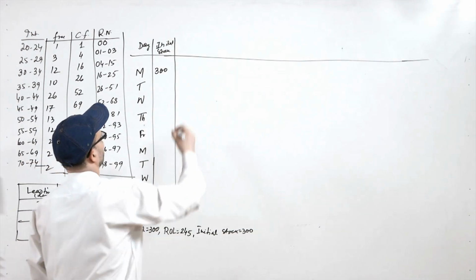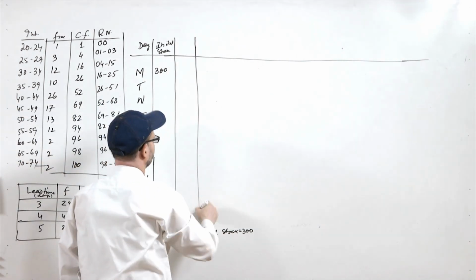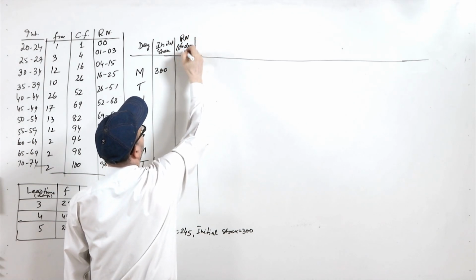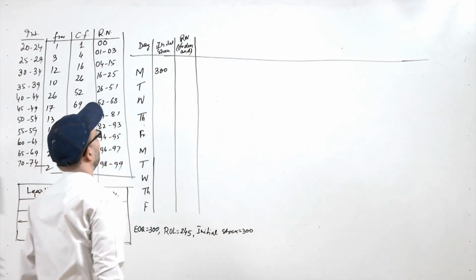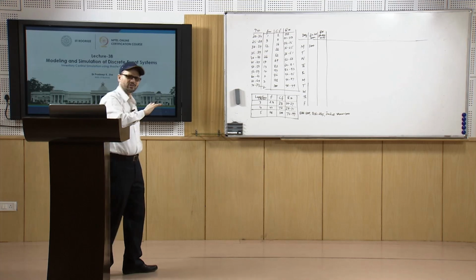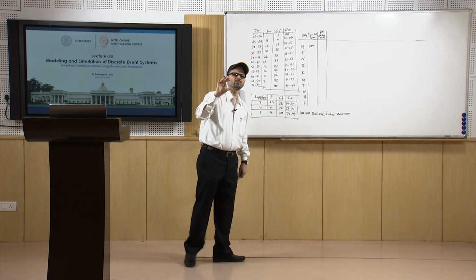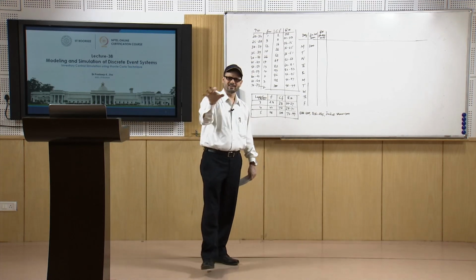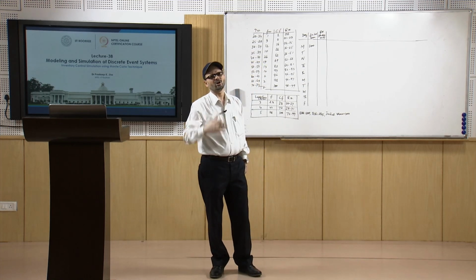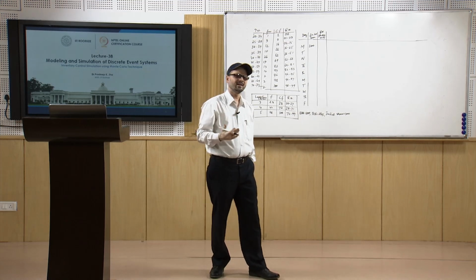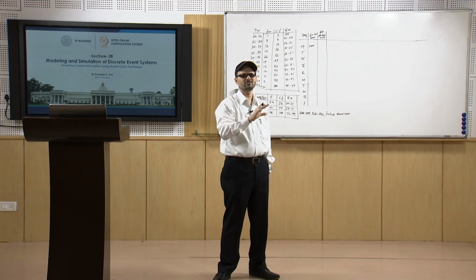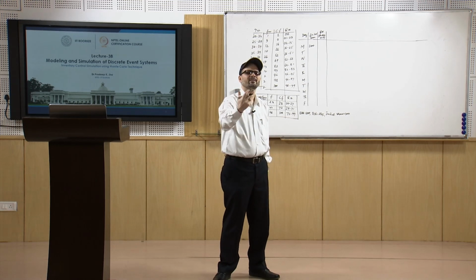Then you have the random number for the demand, which we take from this table. The random number can be generated by putting 100 into the Excel rand function, which generates a random number from 1 to 100, or you can use a linear congruential generator with the formula a times X(i-1) plus c, mod 100.